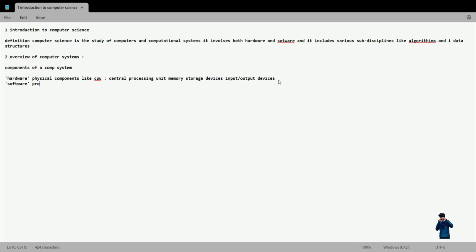So software means programs and operating systems that run on the hardware. So this is the meaning of it.